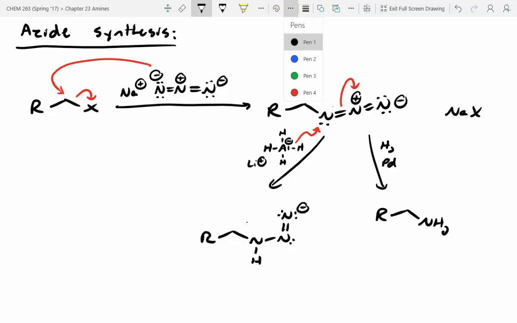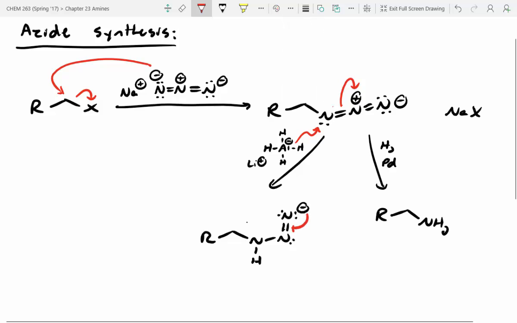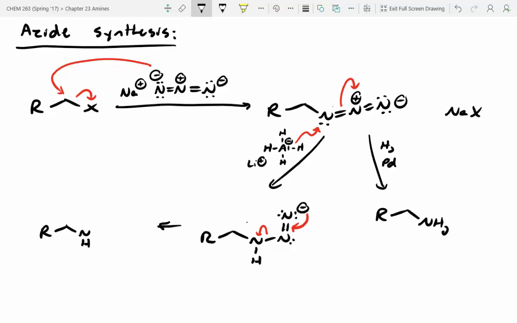And then at this step, this negative charge will clamp down, form that triple bond, and then kick off your leaving group. You should have a lone pair on that as well. Why do you think that happens?